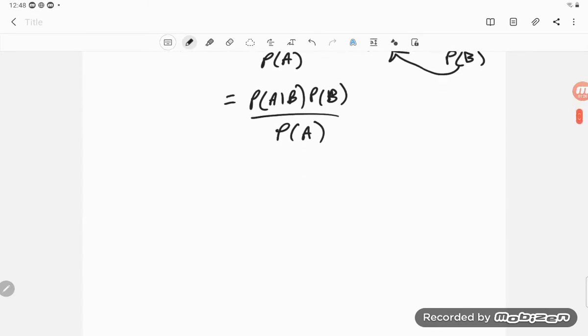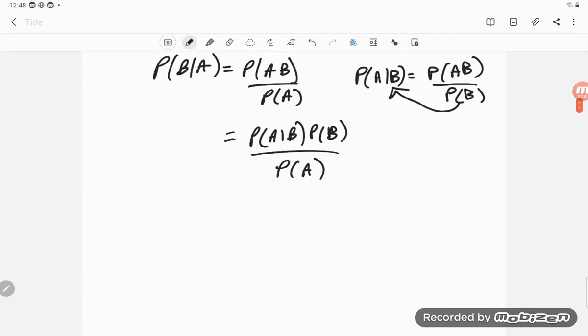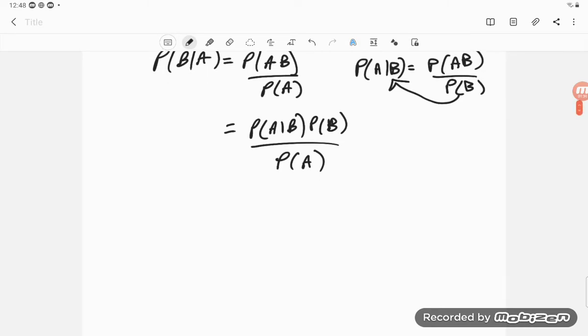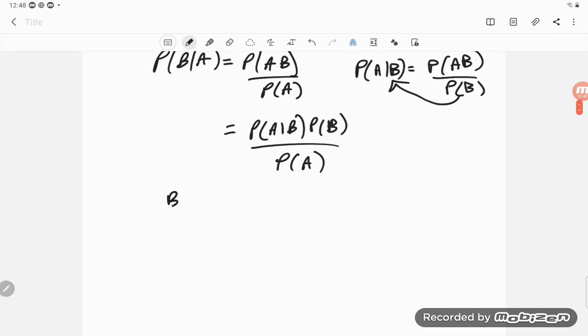Now, if we look at the theorem of total probability, and suppose we start with just two events as far as B goes, B and B complement, then B plus B complement is the whole set S, and they're disjoint, that's why I put a plus there.